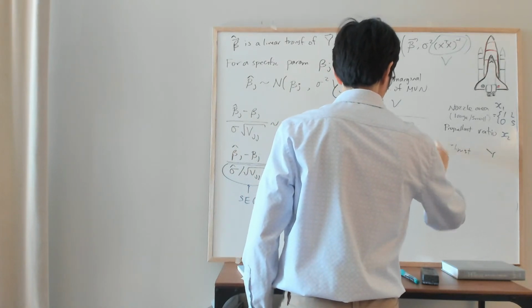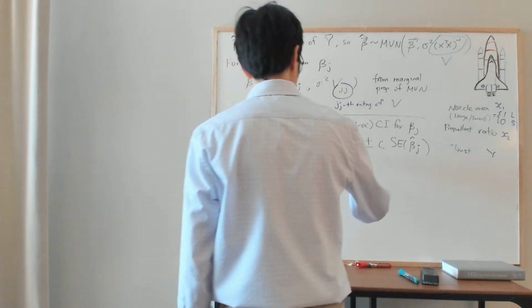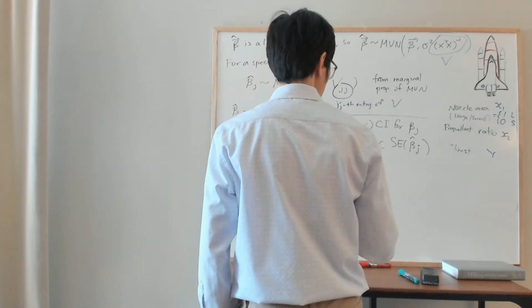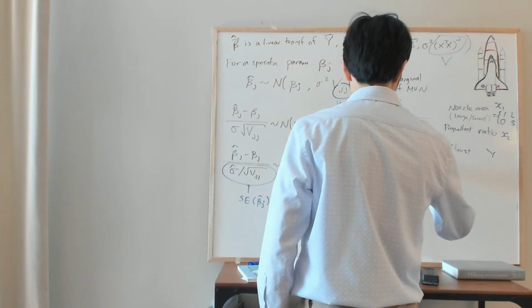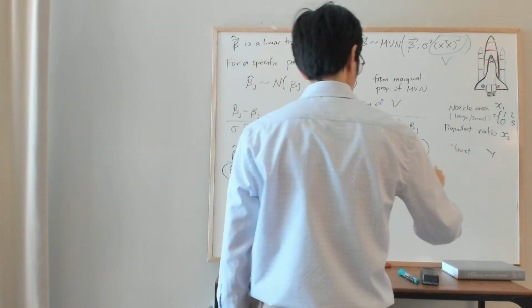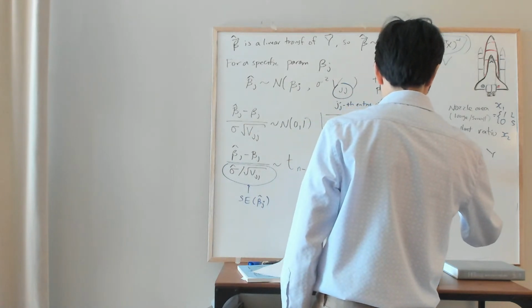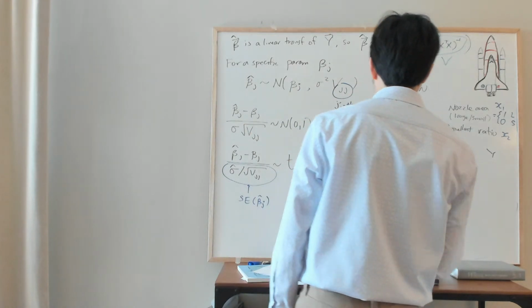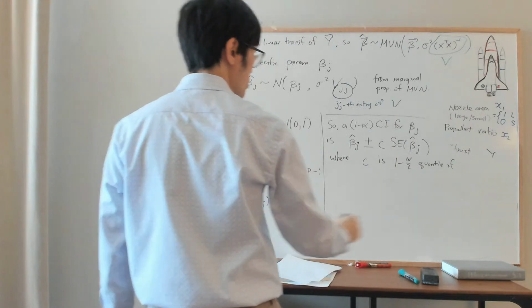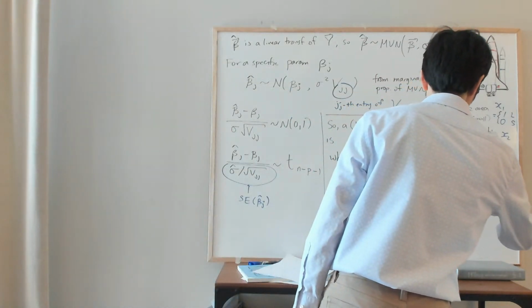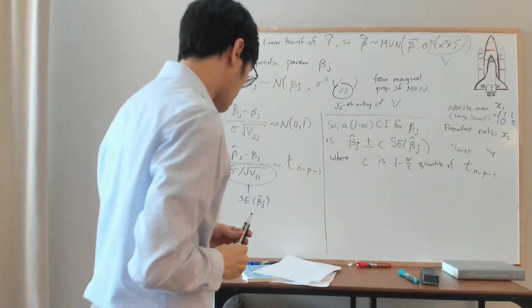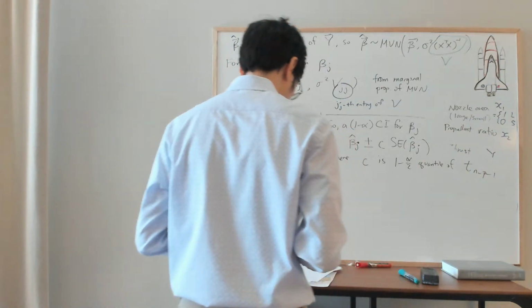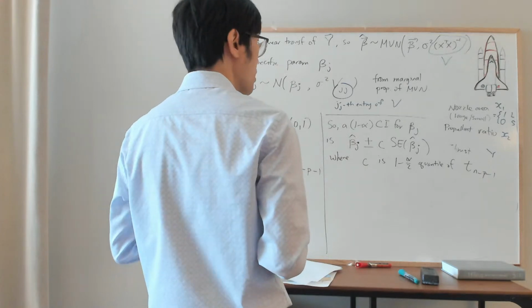Where C is defined the same way, it is the 1 minus alpha over 2 quantile of this t distribution with n minus p minus 1 degrees of freedom.